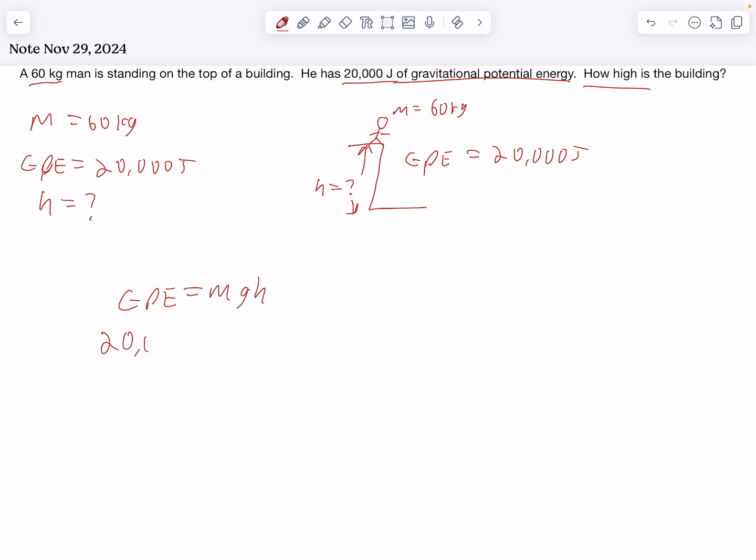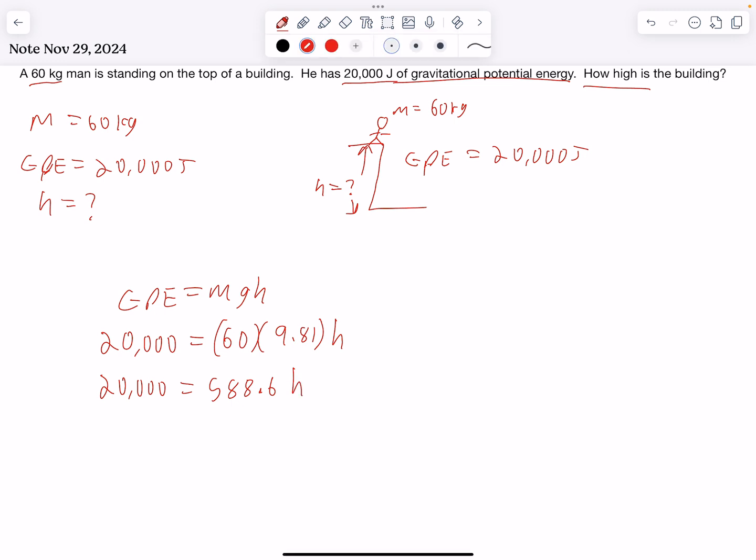All right, so the equation I'm going to use is GPE equals mgh. So when I plug my numbers in, I get 20,000 equals 60 times gravity, which we know is 9.81, times h. To solve this, I'm going to multiply 60 times 9.81, and I'll get 20,000 equals 588.6 h.